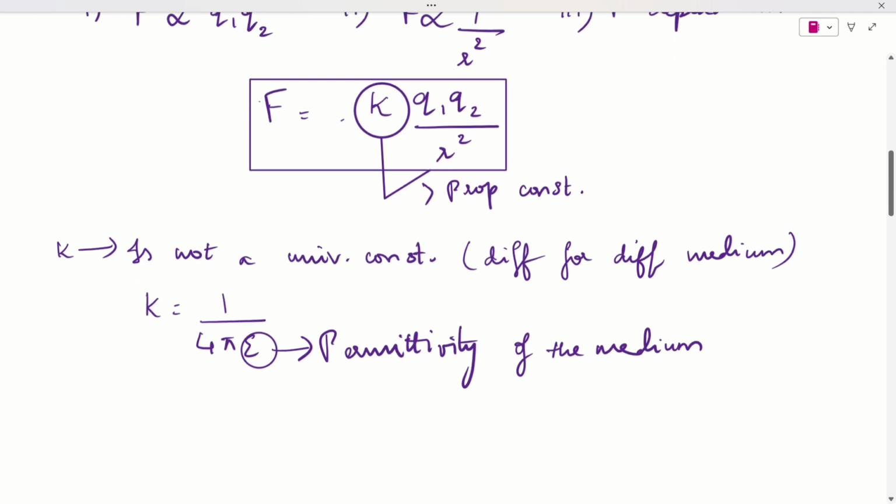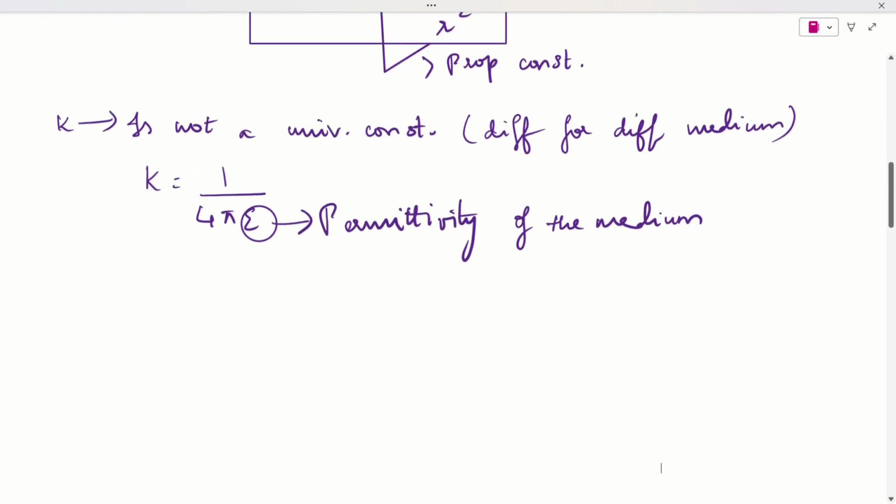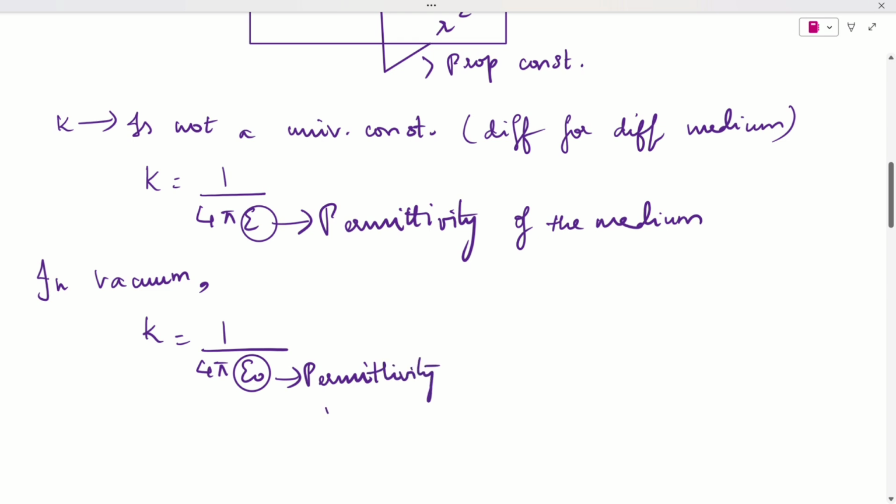To understand permittivity, we need some basic understanding of the electric field, so we will deal with permittivity in later parts of the chapter. For now, we need to understand that permittivity is the factor which makes the force dependent on the medium between the charges. If the charges are kept in vacuum, then K is written as 1 by 4 pi epsilon naught, where epsilon naught is the permittivity of free space.